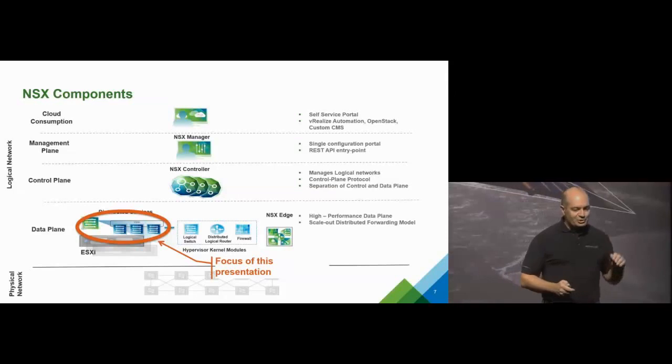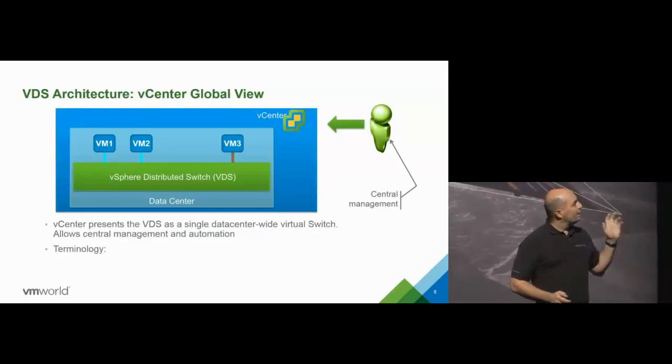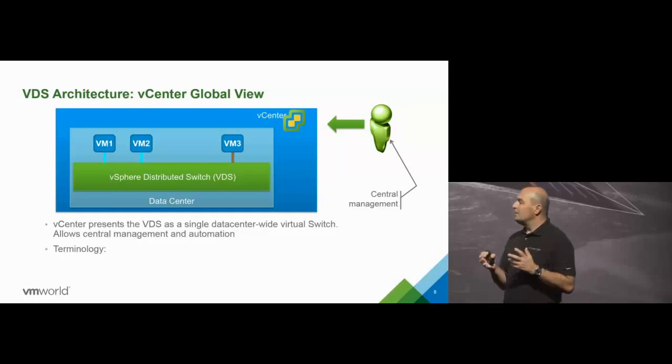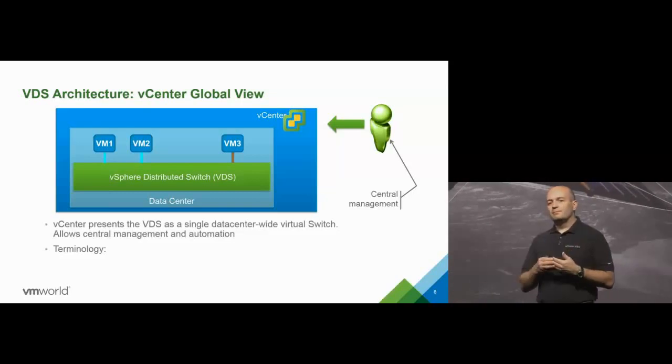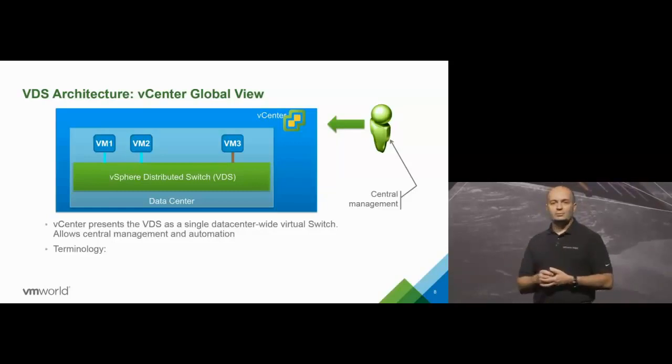The focus of this presentation, as I already mentioned, is really going to be on the switching part and more specifically on the vDS, the vSphere distributed switch. The vDS is an enhancement over the VSS that you probably also know as a vSphere standard switch.